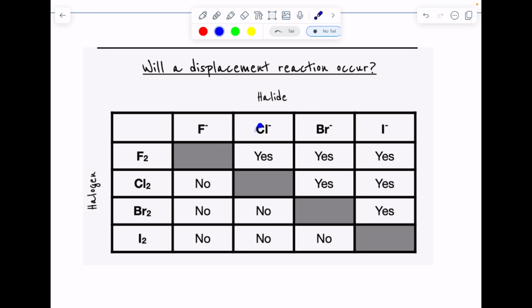So for example, it will react quite happily with sodium chloride, sodium bromide, sodium iodide. Chlorine is less reactive than fluorine, hence why you get no reaction here, but it's more reactive than bromine and iodine. Bromine is only more reactive than iodine, so that's the only time you get a reaction. Iodine is the least reactive compared with these elements, so you'd expect no reaction.